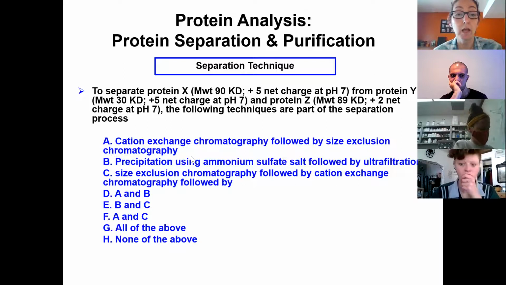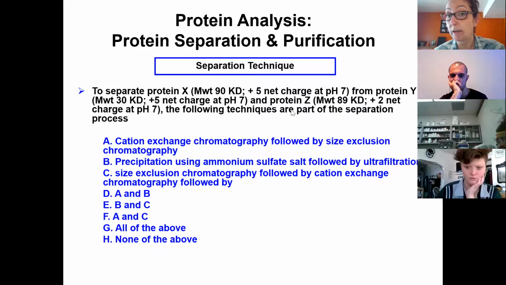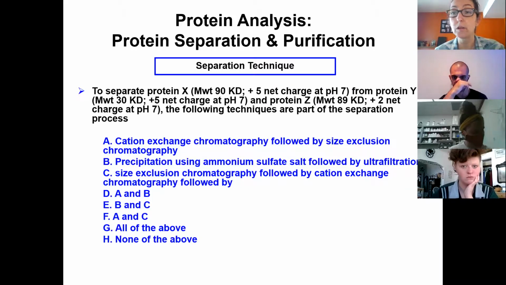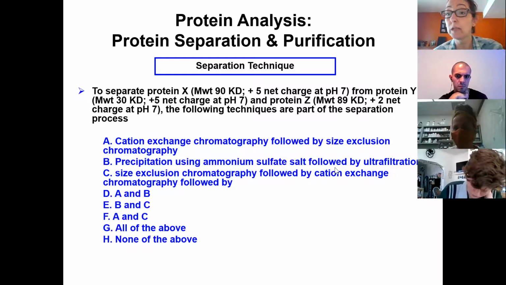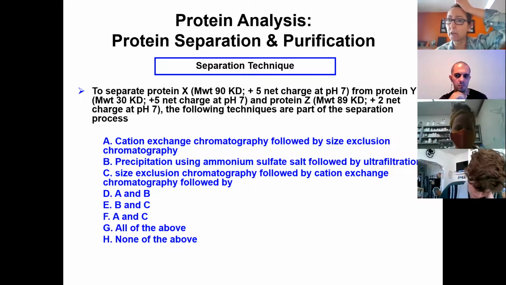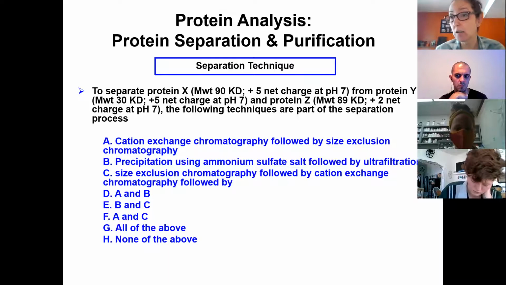So A is correct. You can do precipitation using ammonium sulfate salt. If I know a little bit about my protein, I know what concentration might precipitate protein Y. I precipitate it at a particular salt concentration, and then I have these two. Then I can use a molecular weight cutoff ultrafiltration, where I choose a 40 kilodalton cutoff, so my 30 kilodalton protein can be separated from my 90 kilodalton.